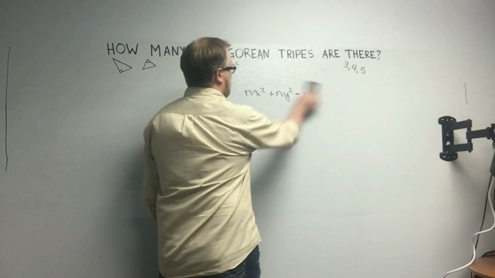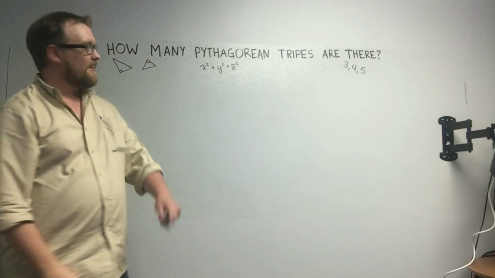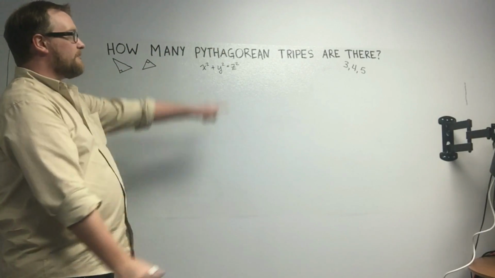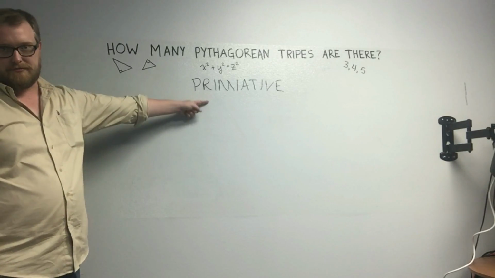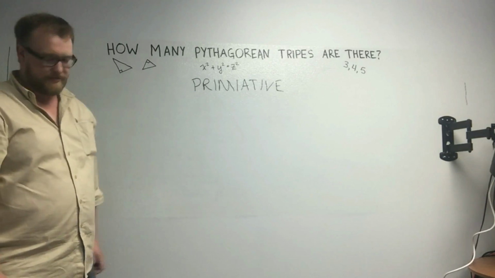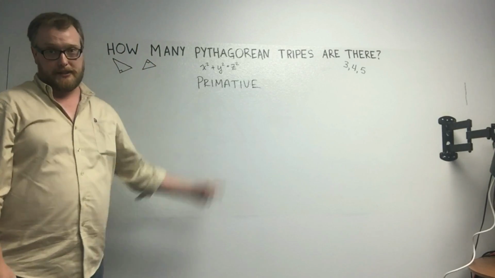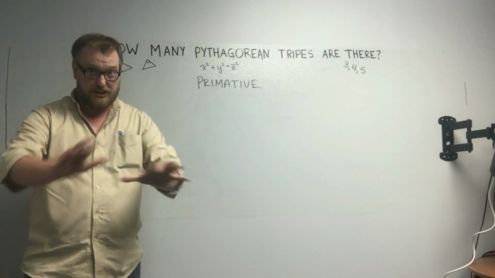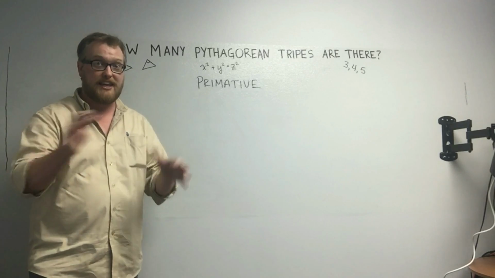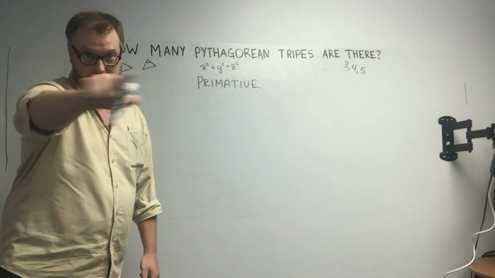But there's this other cool thing, not just about Pythagorean triples, but about primitive ones. Primitive Pythagorean triples throw out that whole coefficient business. It's just that the coefficient has to be 1.